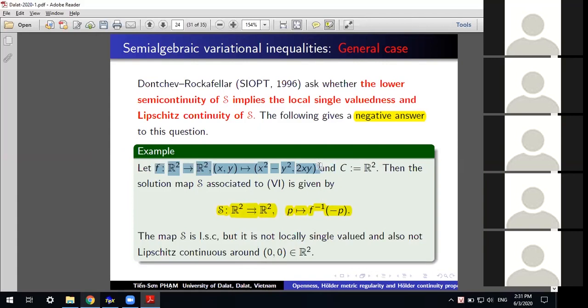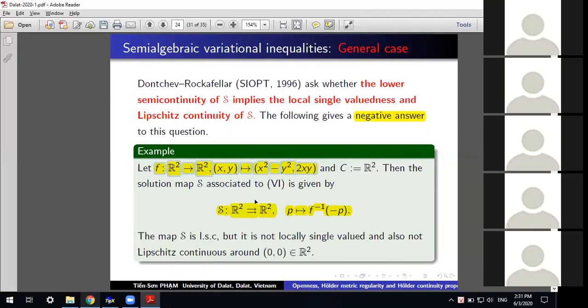You can look at this function. If we identify the complex field with R^2, this is a function from C to C, from z to z squared. The first term is the real part of z squared, and the second is the imaginary part of the complex z squared.